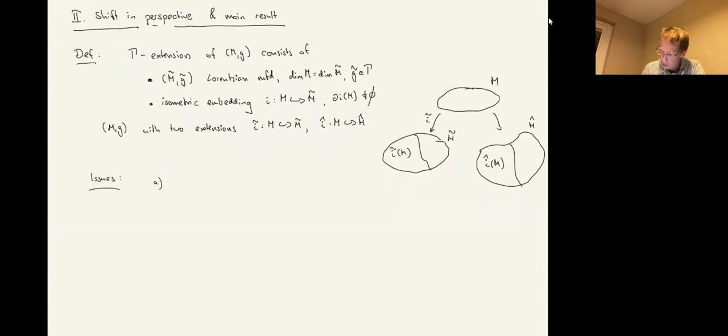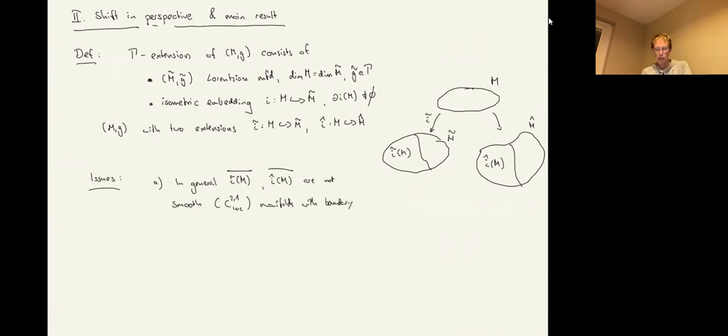So the first one, the most important one, is that in general, if I try to use Crucial's result, the closure here of iota tilde M and iota hat M, these are not smooth or C2,1 loc manifolds with boundary. So in general, of course, the boundary can be arbitrarily rough.